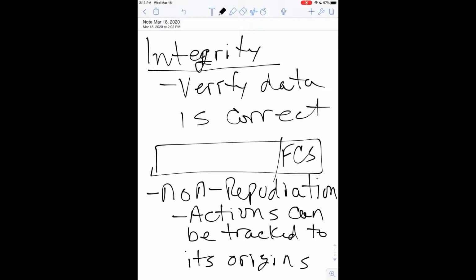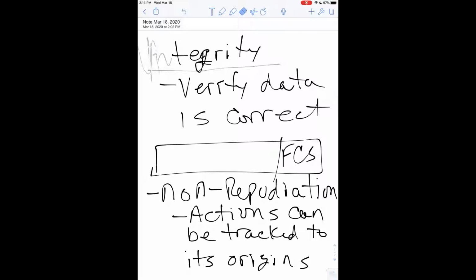This gives us the ability to tell someone that yes, that was your account that sent that email. And non-repudiation can be very easy sometimes, and sometimes it can be very, very difficult. That's where we track back actions to the original person who actually did it.